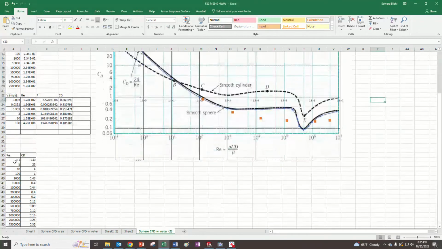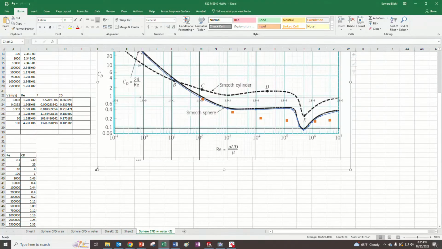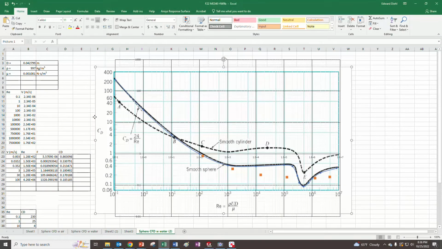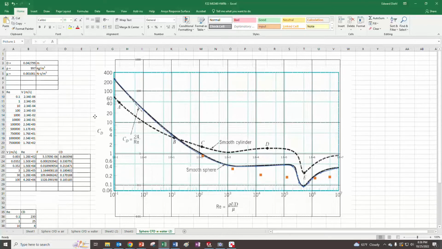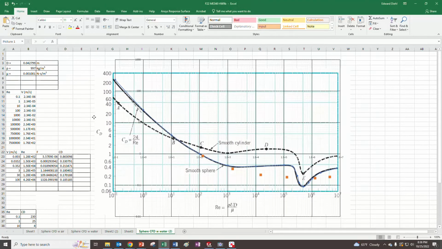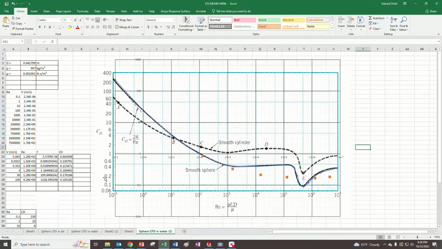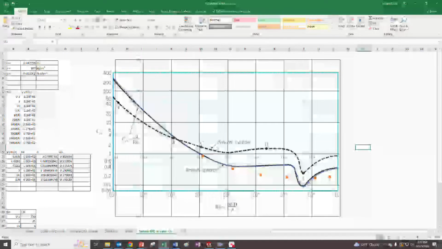Down below, I've picked the points as carefully as possible, so now I have a better idea of where that spot is going to be.